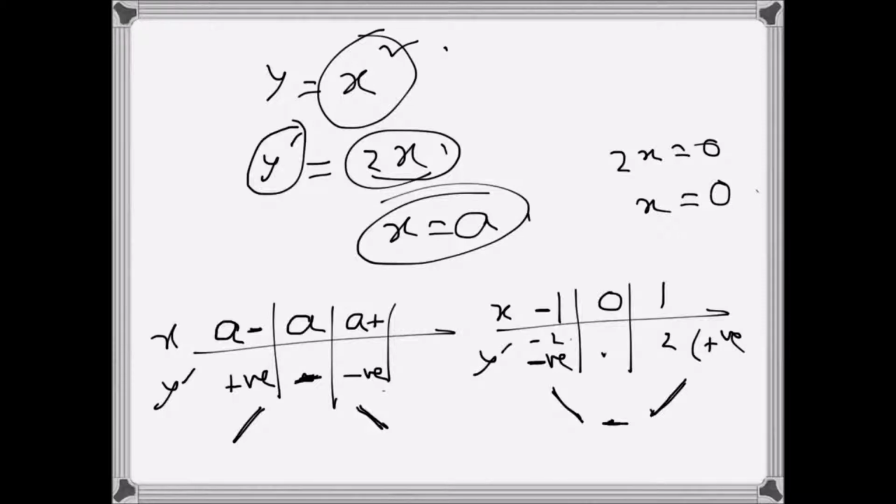So this is one way of finding whether a point is a maxima or minima. Another way is looking at the second derivative. For some functions the second derivative does not have any x, so we shouldn't apply that. If the second derivative exists, then it is calculated.